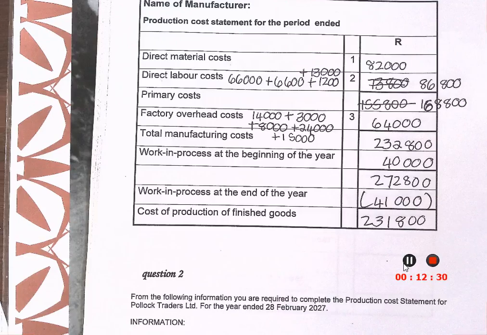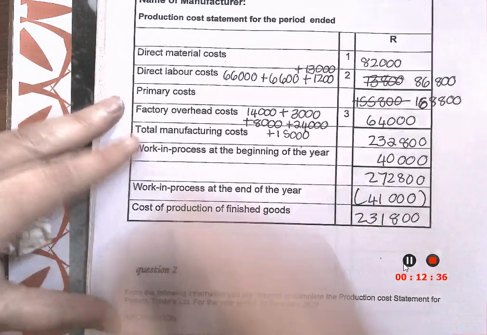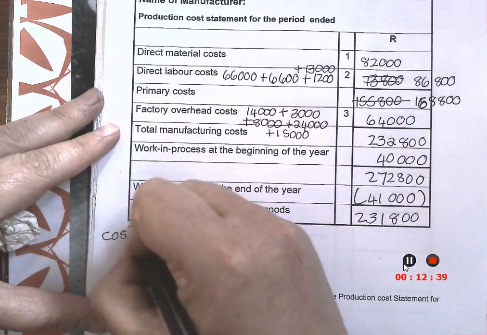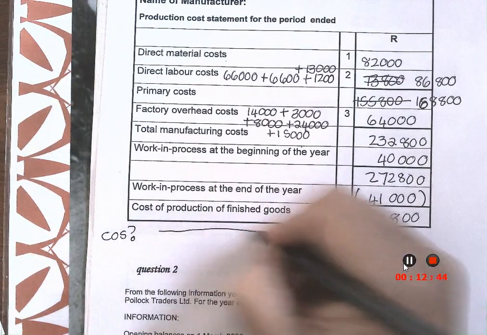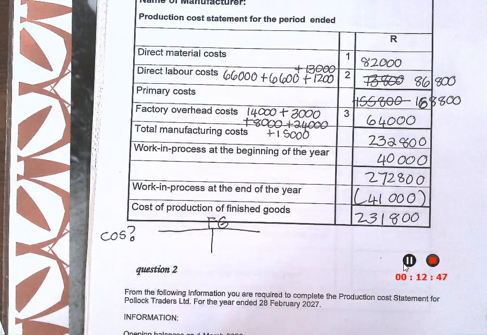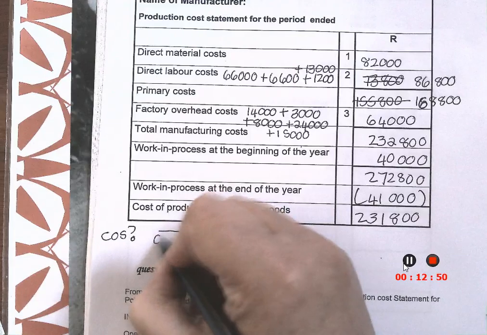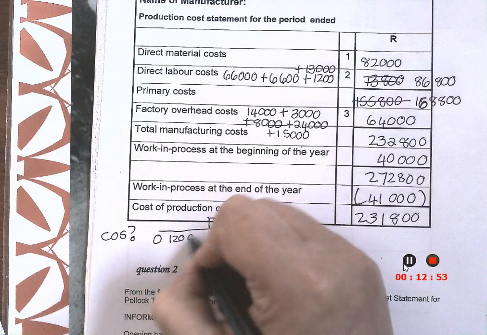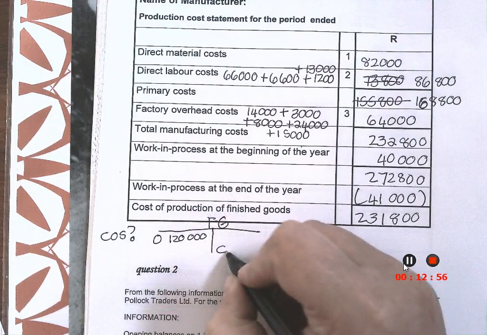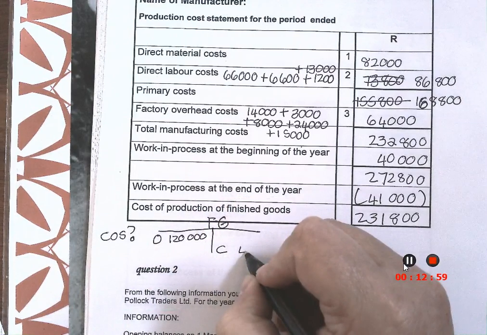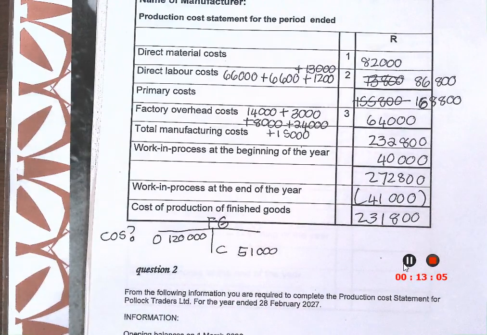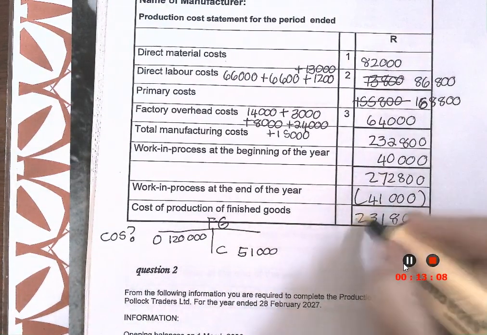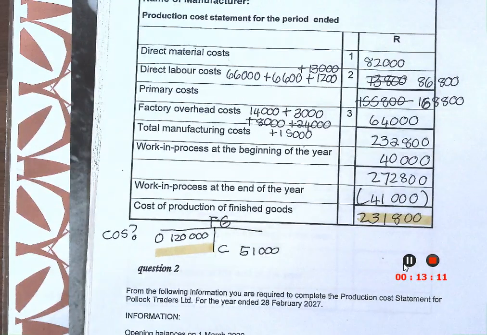If I ask you, what is the cost of sales? If you want the cost of sales, you're going to draw a little T for finished goods. You're going to take the opening for finished goods and the closing for finished goods. Everybody see where I'm getting it? I take this amount, because this is now added to the finished goods, because I can now also sell this.